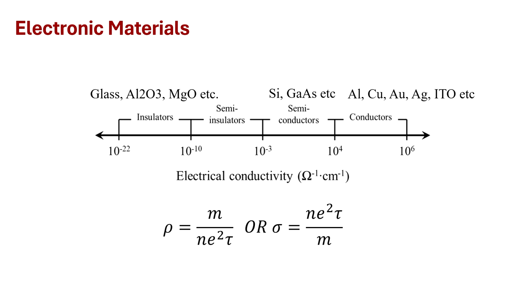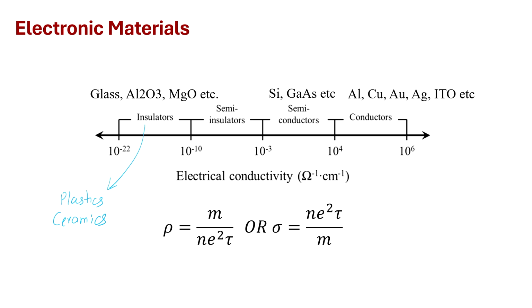On the very far left end of the spectrum, we have materials which are called insulators, which are not very good electrical conductors. Things like plastics and ceramics, many plastics and ceramics, will fall in this range, which will have conductivities varying from 10 to the power minus 10 to 10 to the power minus 22 ohm centimeter inverse.